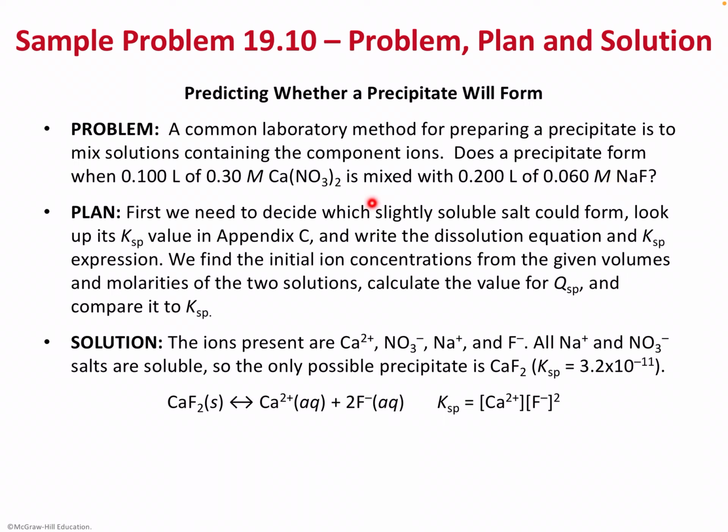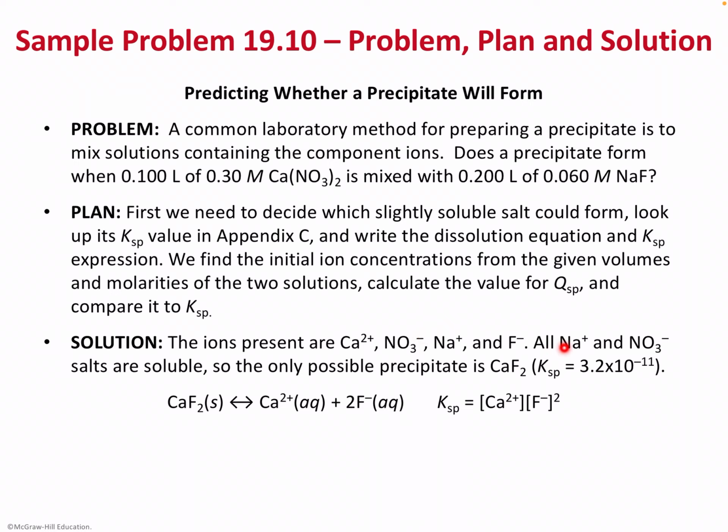So calcium nitrate and sodium fluoride, when you mix them together, what are we going to form? These are the ions present: calcium ions, nitrate ions coming from here, and then the sodium ions and fluoride ions.